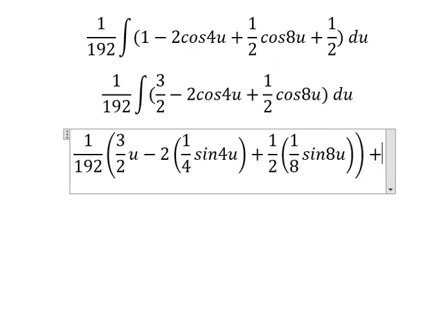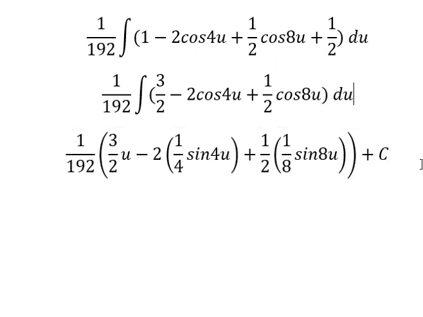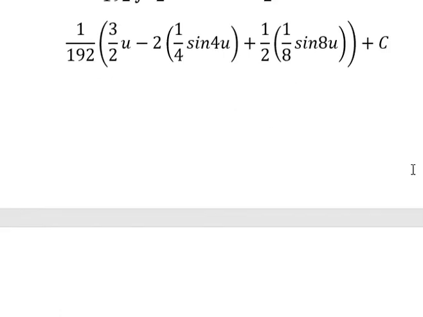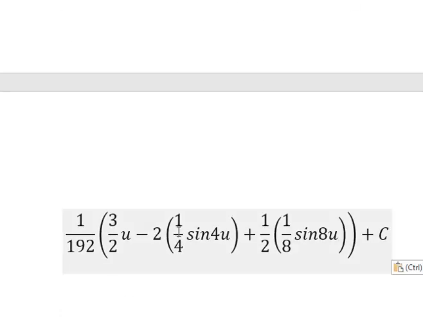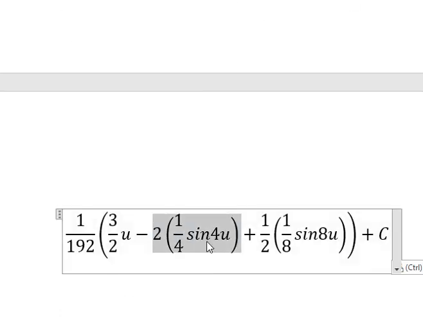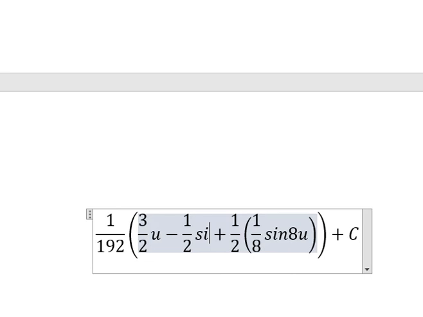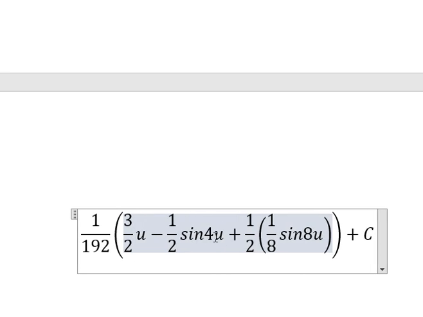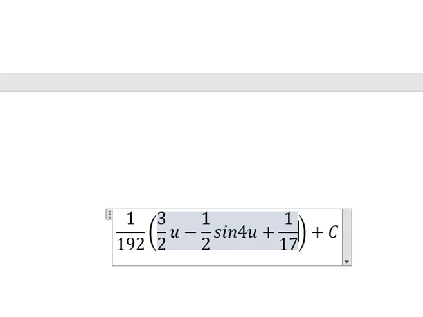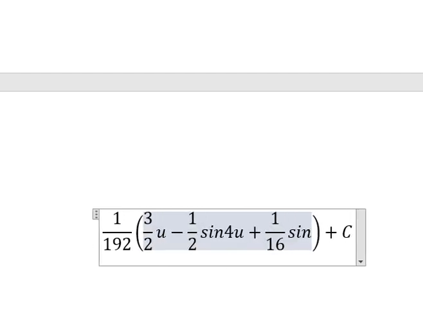And we put plus C. So 2 divided by 4, we have 1 over 2 sine 4u. 1 over 2 times 1 over 8, we have 1 over 16 sine 8u.